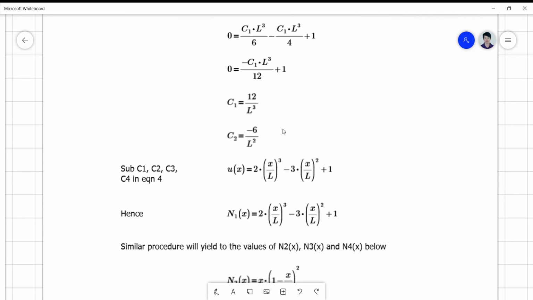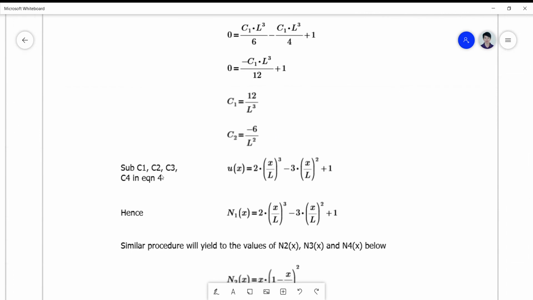And since our coefficients are now complete, we can substitute the c1, c2, c3, and c4 in equation 4 to yield your u of x, which is 2 times x over L cubed minus 3 times x over L squared plus 1.